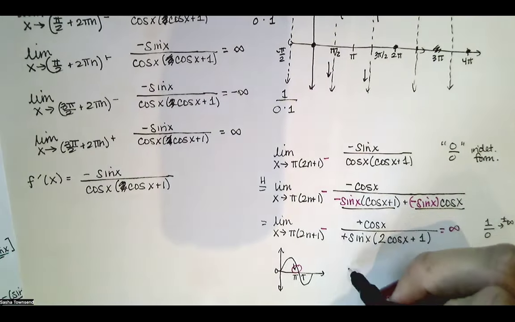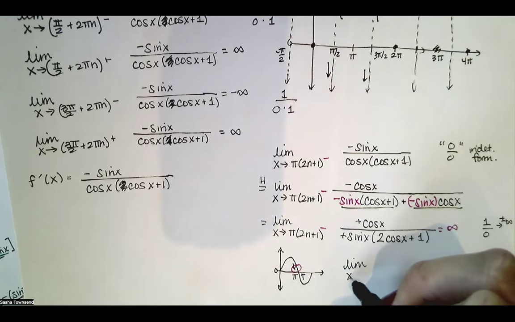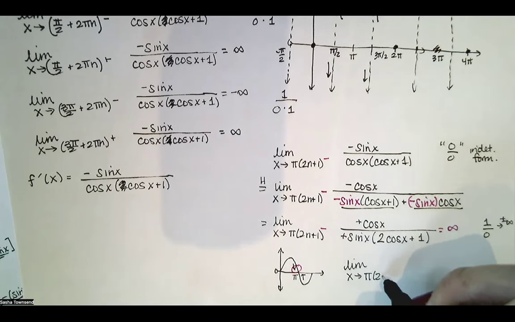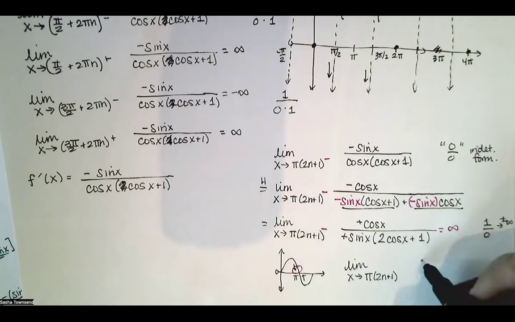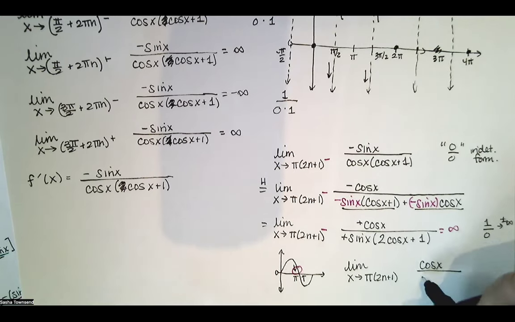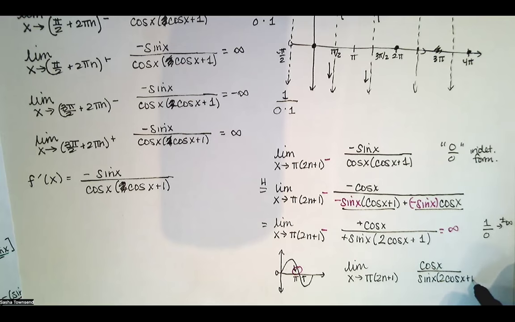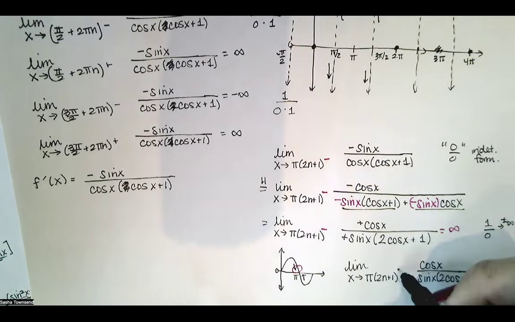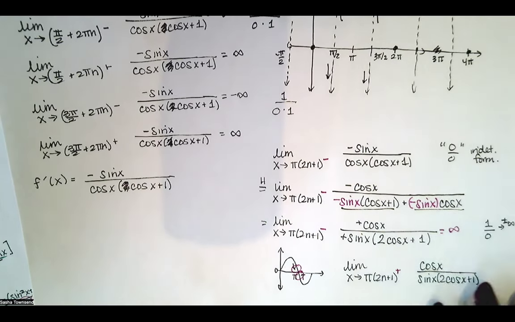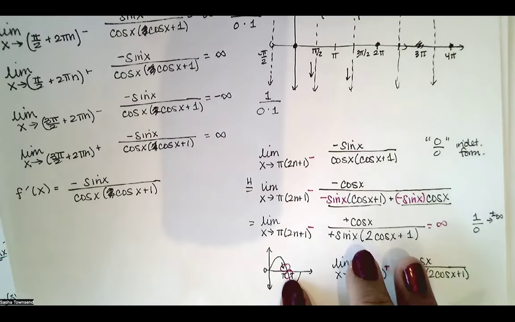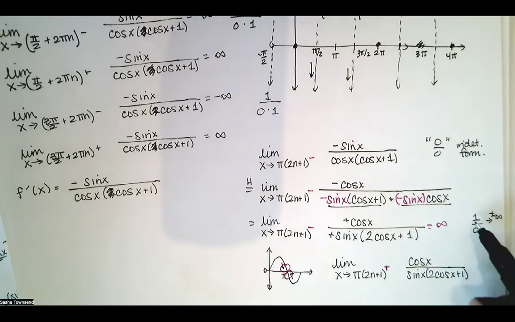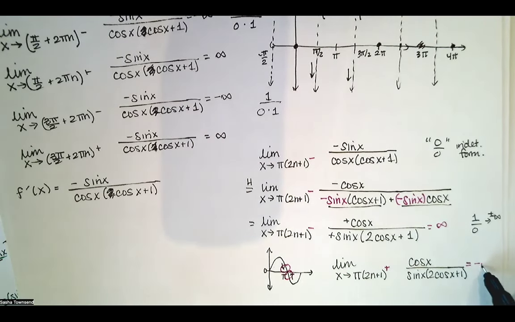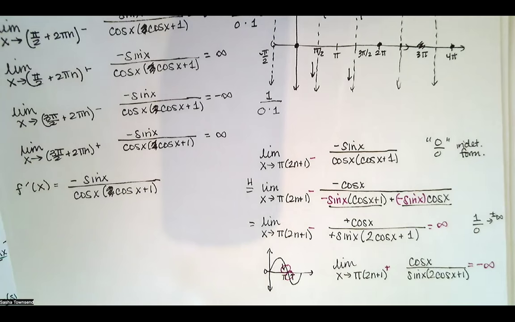And then as we approach the same asymptote from the other side, we've got 1 divided by a tiny negative number. 1 divided by a tiny negative number is a large negative number. And so we get negative infinity as we approach from the right.